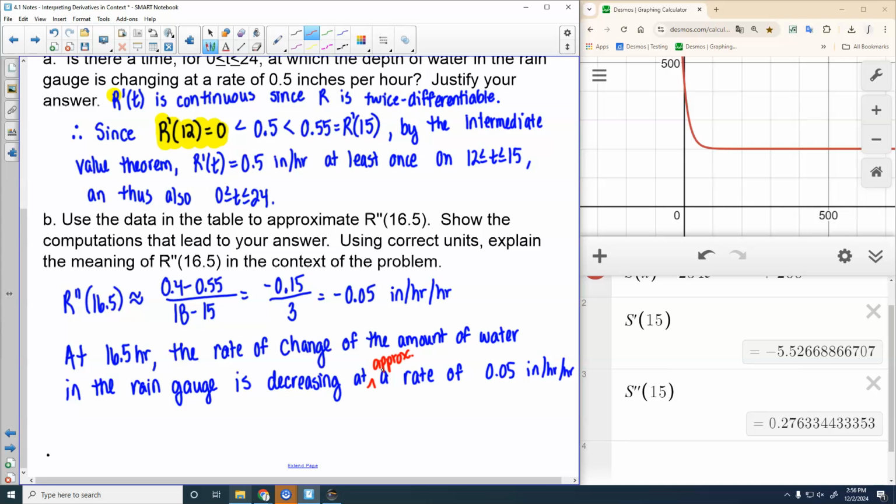Okay, questions? Whenever you've done a second derivative, look at your explanation, and you should see the word rate twice in most cases. There could be another way you could explain it where you don't, but it would be trickier. So you should be talking about the rate of change of the rate of change.